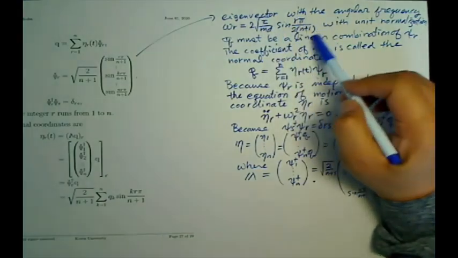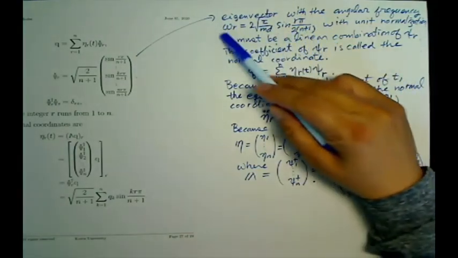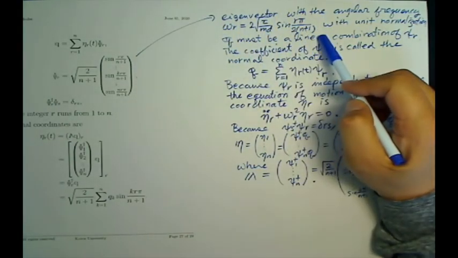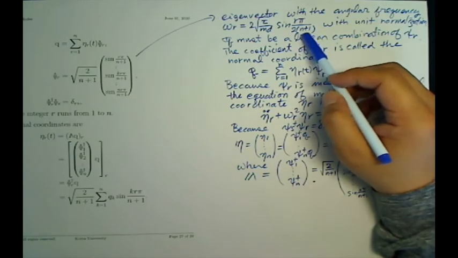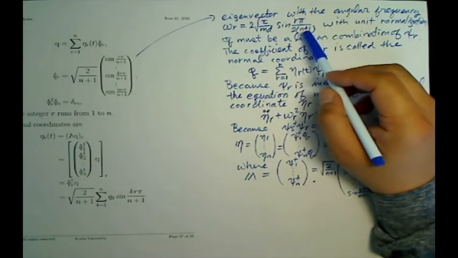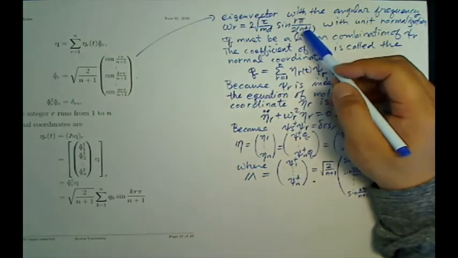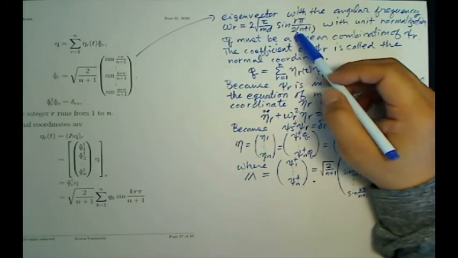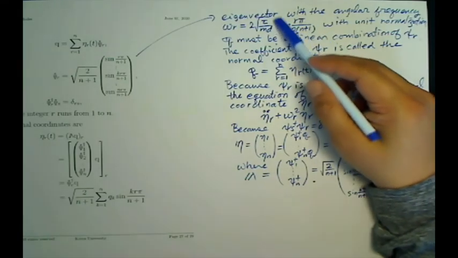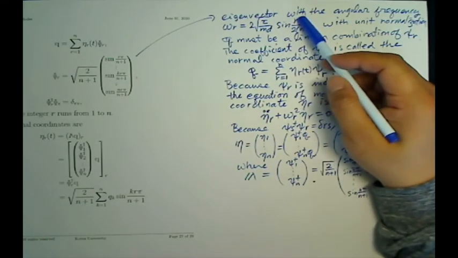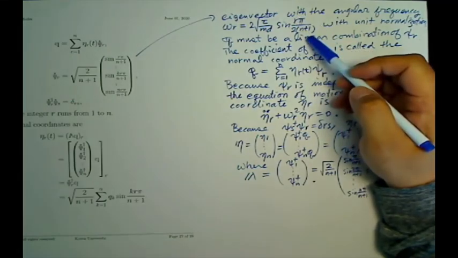The frequency of each normal mode has this kind of form. In the limit n goes to infinity, you will find that this r begins with a very small number, but it ends up with the value of sine of half a pi. Then it approaches 1 as n goes to infinity.